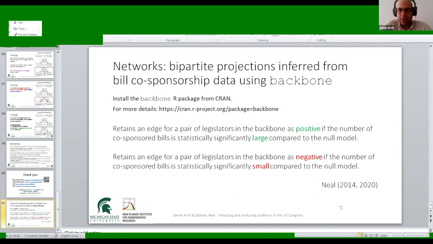That number in itself doesn't mean anything, because there could be some legislators who are just interested in co-sponsorship, so their names appear a lot. Some people are perhaps mostly absent, so their names do not appear very commonly. So from this co-sponsorship data, we get the backbone of the collaboration structure. The edges represent whether two people are collaborating significantly or avoiding each other significantly.